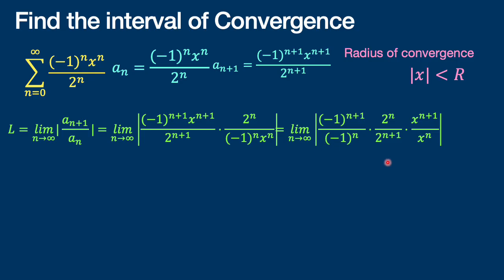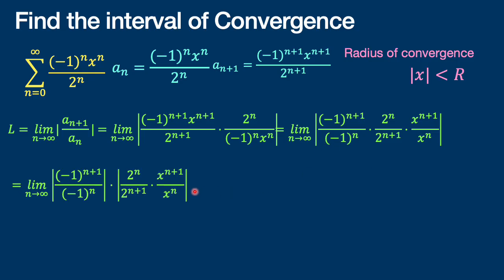Now let's separate each term. Absolute value of negative 1 to the n+1 over negative 1 to the n, times 2^n over 2^(n+1), times x^(n+1) over x^n. The first term is 1, because the absolute value of negative 1 to a power is always 1.